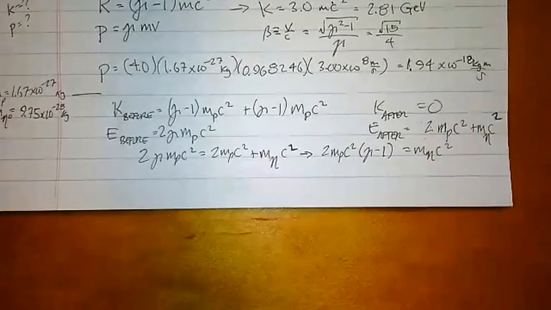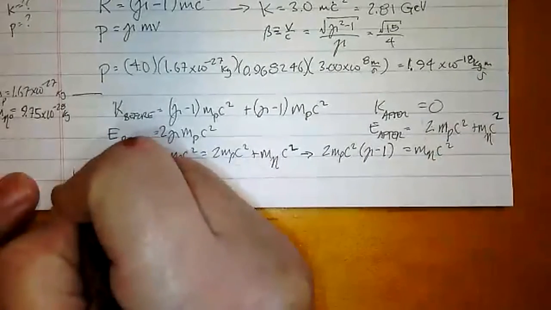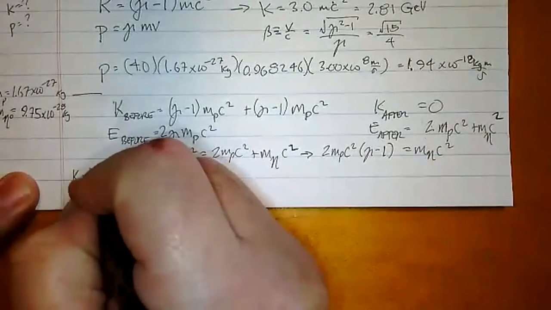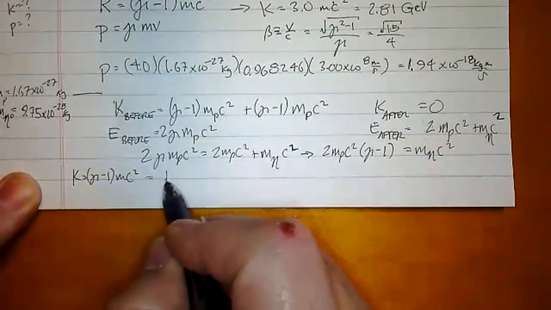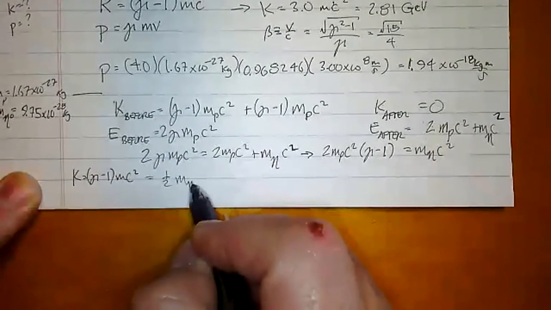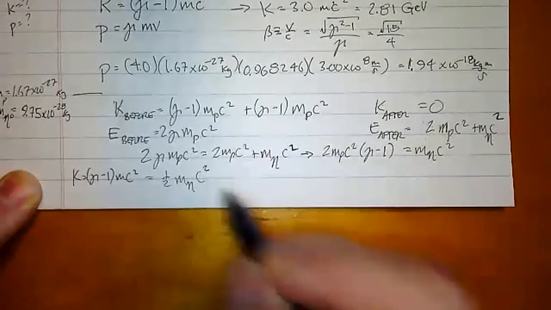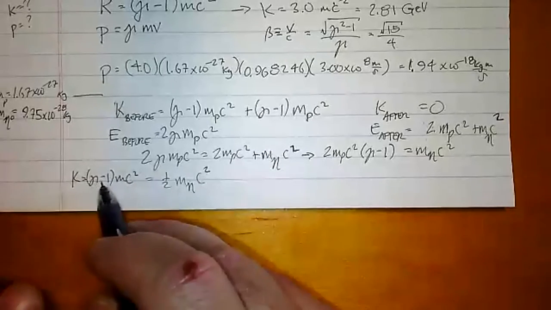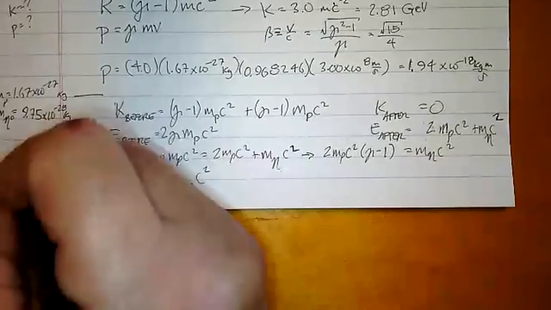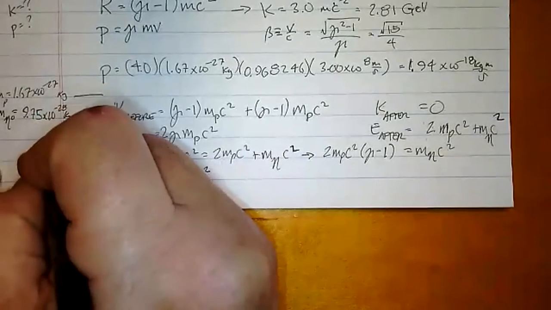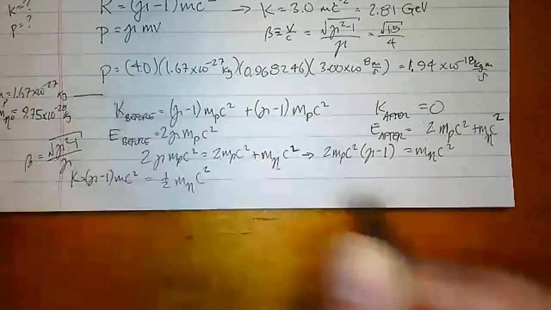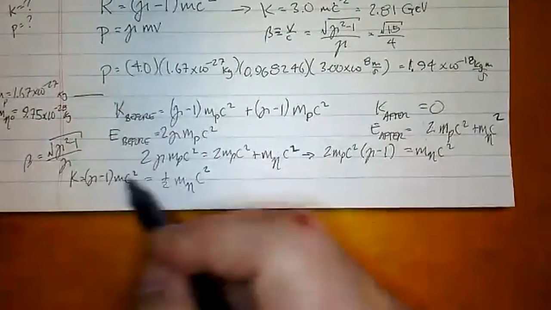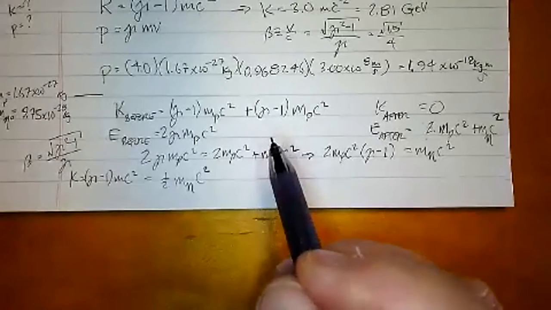But remember, kinetic energy is just gamma minus 1 times mc squared. So if you set that equal to 1/2 the mass of the eta times c squared, then you can solve for gamma. And of course, then you can use beta is equal to the square root of gamma squared minus 1, over gamma. So really, you're going to solve this for gamma, and then you'll be ready to roll.